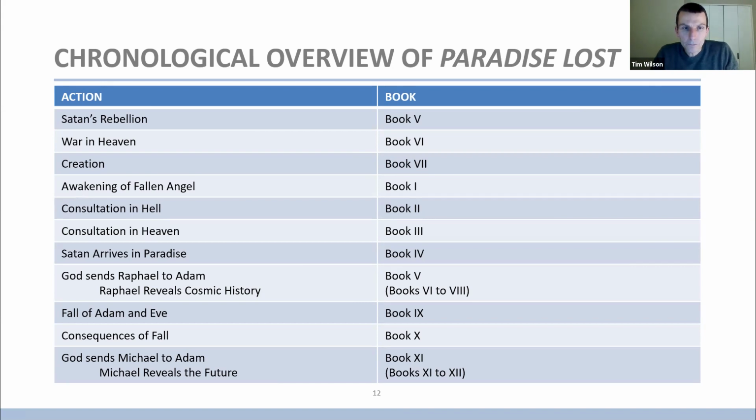And then we have, in terms of story order, the fall of Adam and Eve, which is described in book 9. We have the consequences of the fall. They begin fighting one another. They have to come to terms with it and resolve to fall prostrate and beg for mercy.